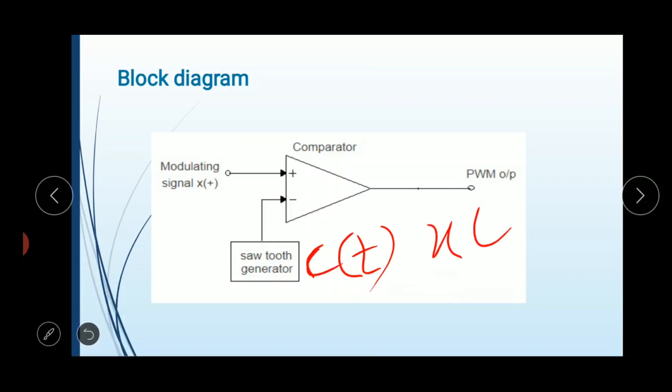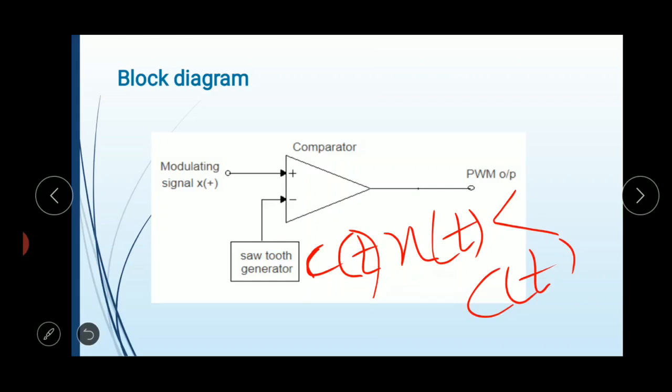When x of t is greater than c of t, then at the output we get a positive value or high signal. When x of t is less than c of t, at that time at the output of the comparator we get a 0 value. And the output of the comparator is the pulse width modulated signal.